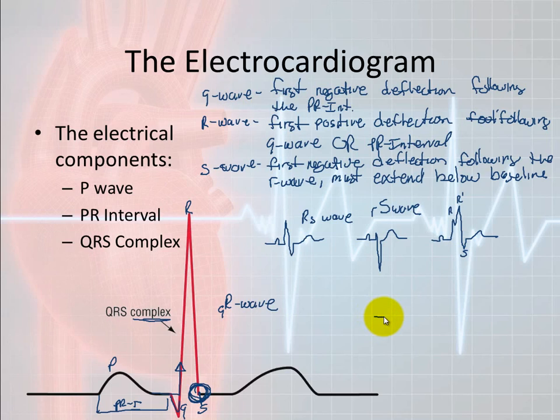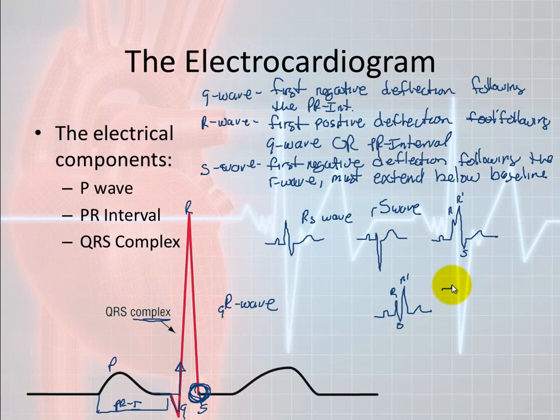What happens if you have a P wave here and it goes up, down, up, and then back to baseline? This would be an RSR prime. So as you can see, you have a whole bunch of different little options here. So when you talk about describing the QRS complex, sometimes you really do have to be that specific and say you have a QS wave or, there's another one, a QR wave.